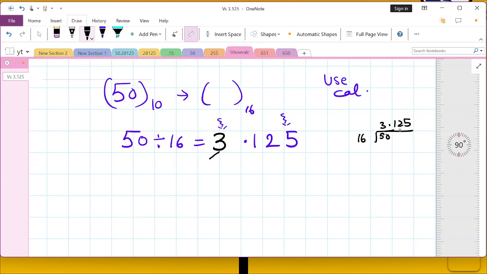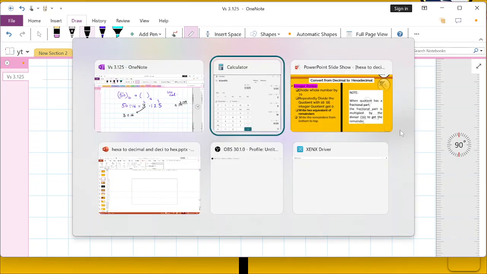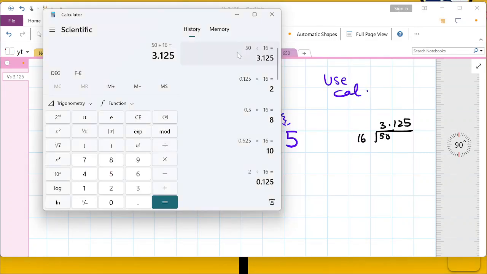Okay. So we will consider this first, the whole number part of our quotient, and we will divide it again with 16. So for the whole number quotient part, it will be repeated division by 16 till we get 0. So 3 divided by 16, let's see what answer we get. 3 divided by 16.